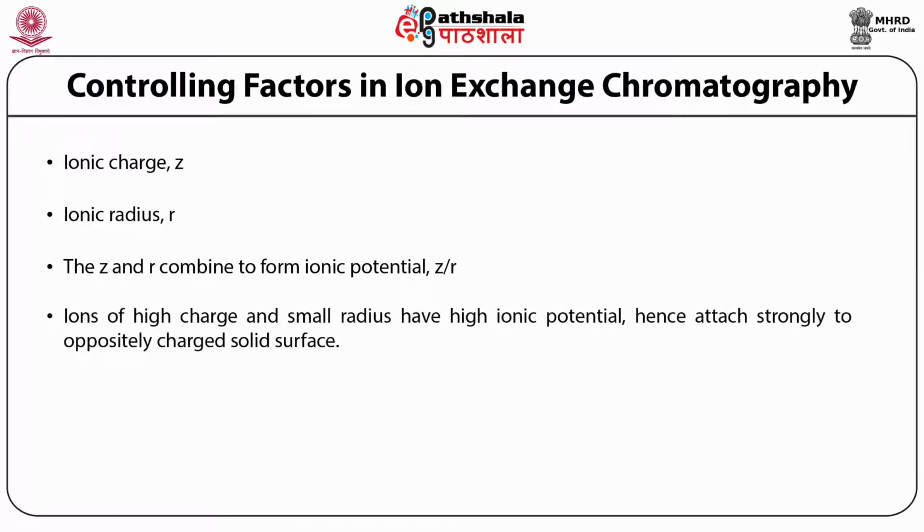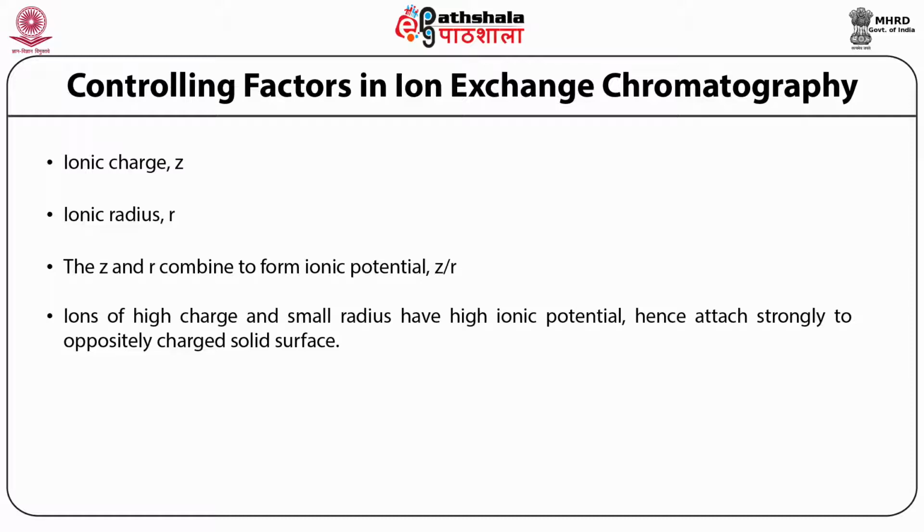Ions of high charge and small radius have very high potential. Therefore, they bind strongly to the oppositely charged solid surface, that is, the resin, in ion exchange chromatography. But the ions that have low charge and a large radius form very weak electrostatic bonds with the solid matrix or the resin.